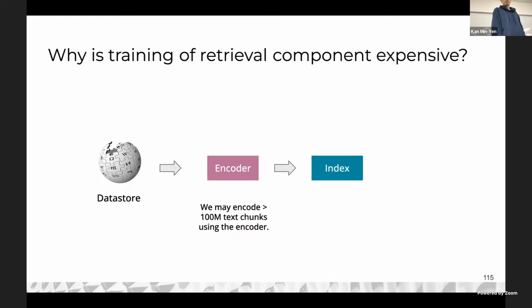More specifically, when we are building a typical retrieval model, we may need to encode more than 100 million text chunks using the encoder. And as mentioned, when the encoder is updated, we also need to update the index. This re-indexing can take a lot of time because of its size.